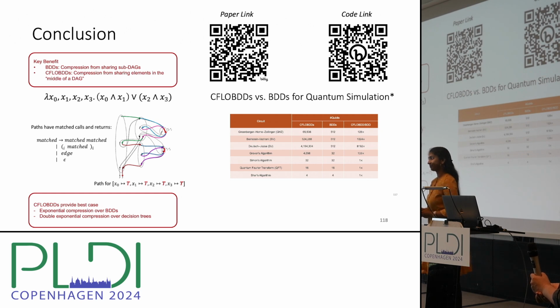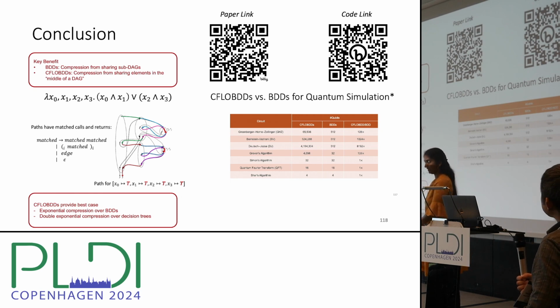You mentioned that they're plug compatible with regular BDDs, but then you said something about how you may need to rethink your algorithms. Do I take it then that they are plug compatible, it's just that you might get pretty bad performance unless you change your algorithms, or did you mean they're almost plug compatible and you do need to change your algorithms? Okay, so by plug compatible, we mean that you can design every algorithm that a BDD does in a CFLOBDD.